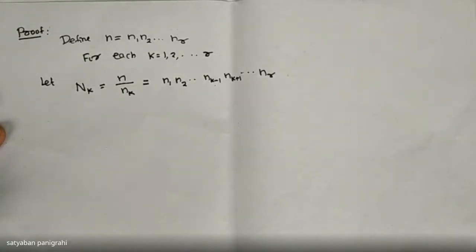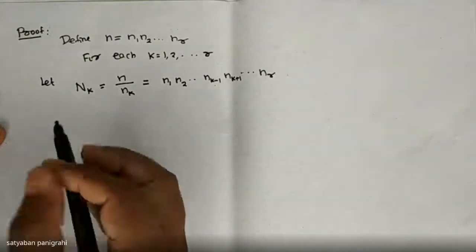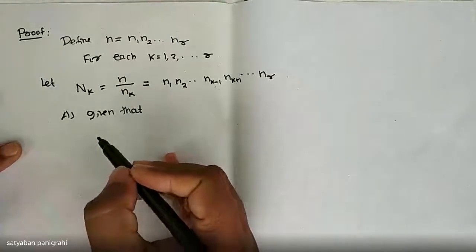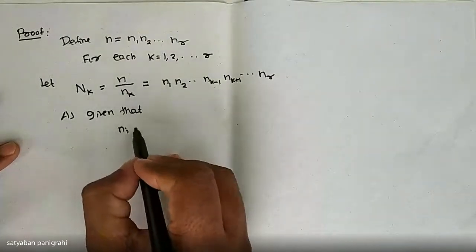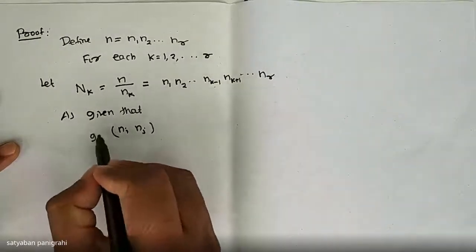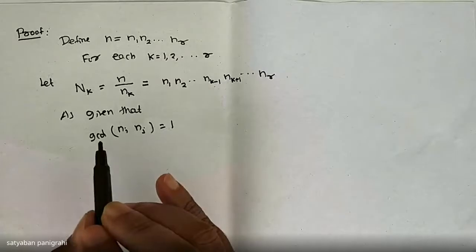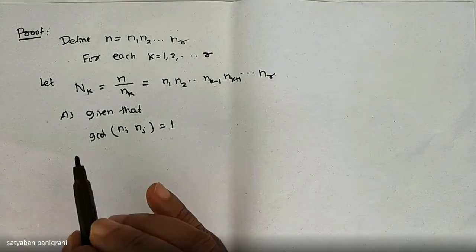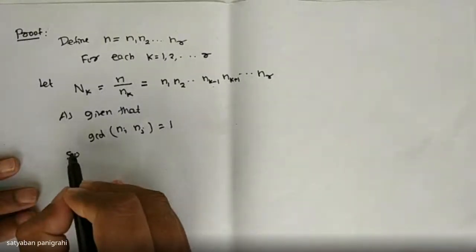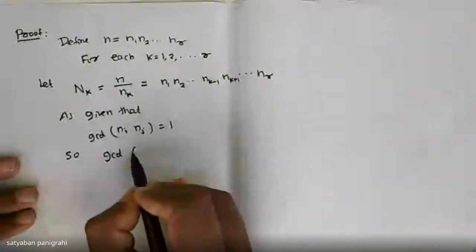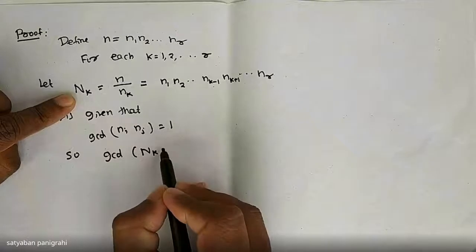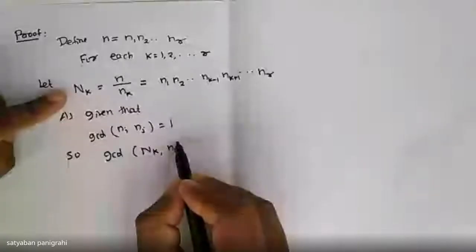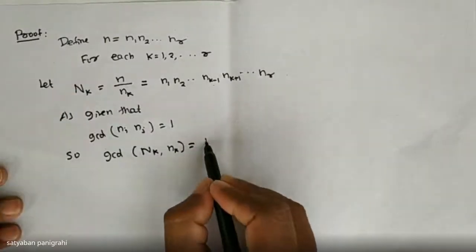Now, as given, Ni and Nj are relatively prime, so it is sure that the GCD of this number small nk with Nk must be equal to 1.